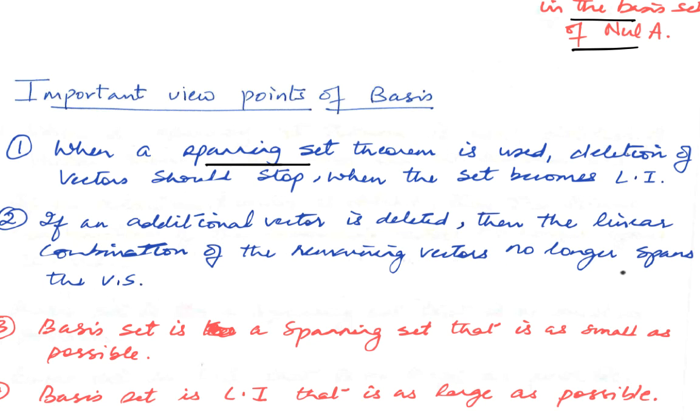So it's a very, very, very dicey situation. You just remove the vectors till it becomes linearly independent. And that leads to 2 important statements. That the basis set is a spanning set which is as small as possible, and a basis set is a linearly independent set which is as large as possible.